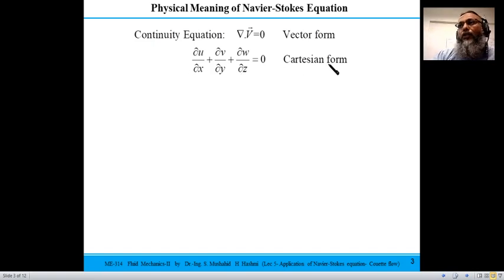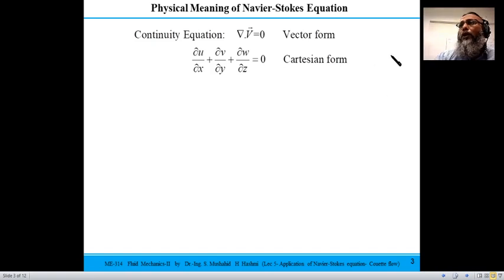In the Cartesian coordinate system, u, v and w are the velocity components. Physically it is depicting the same fact that mass is conserved. Within the region of interest, the rate of change of the mass within this fixed region depends on what is coming into this region and what is leaving the region, because whatever is coming in would leave.